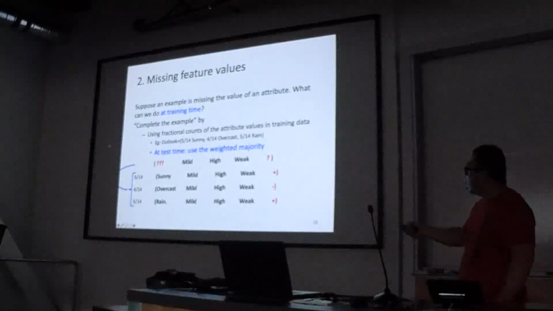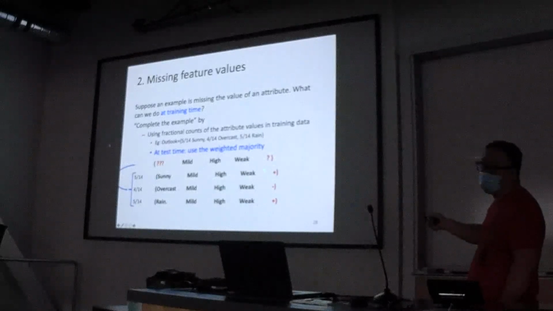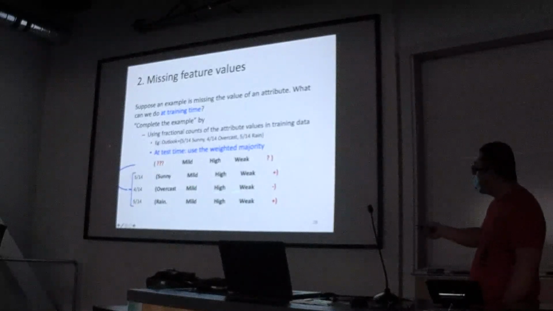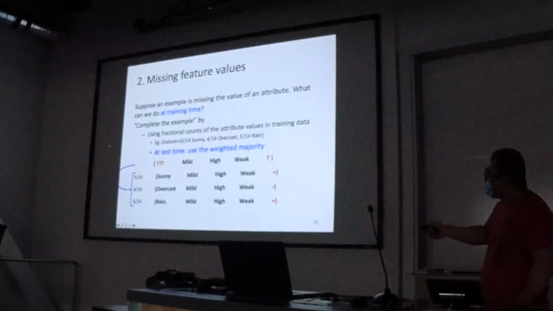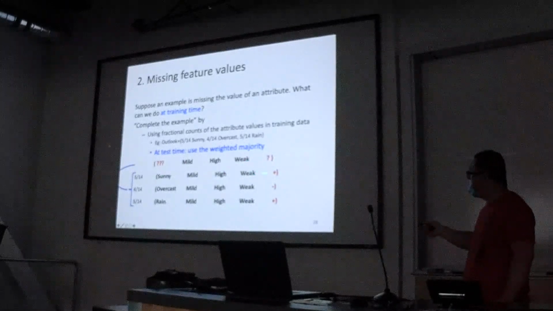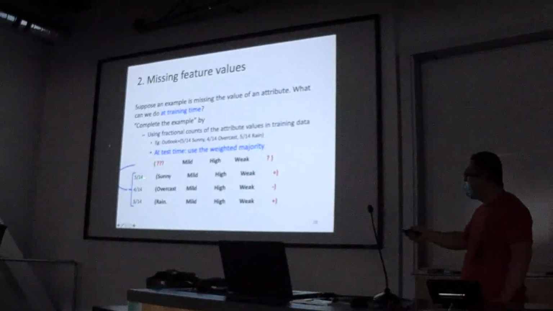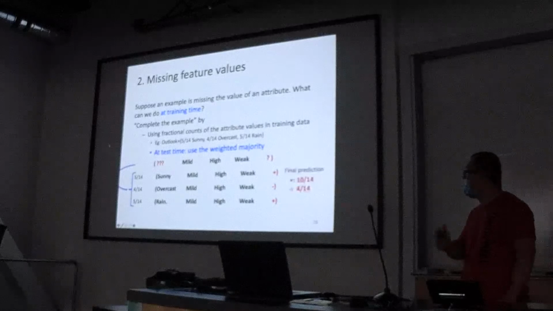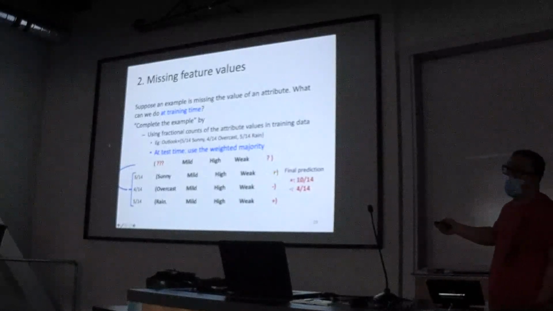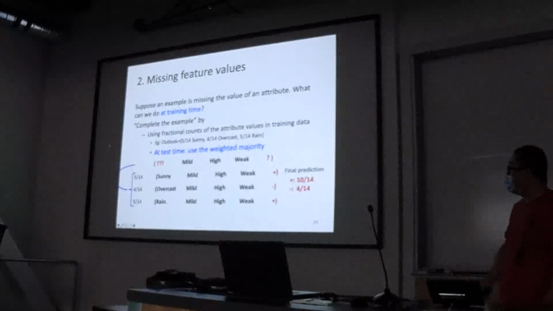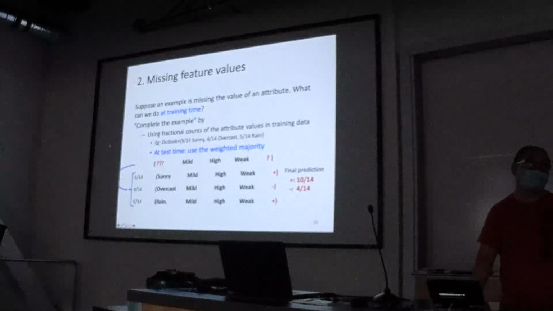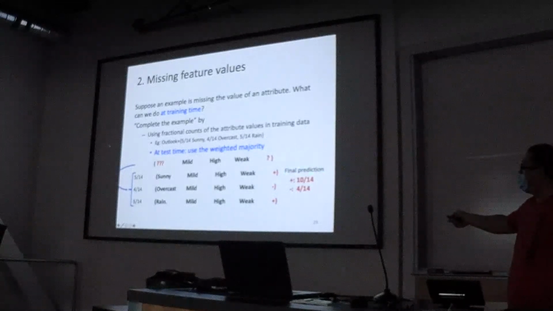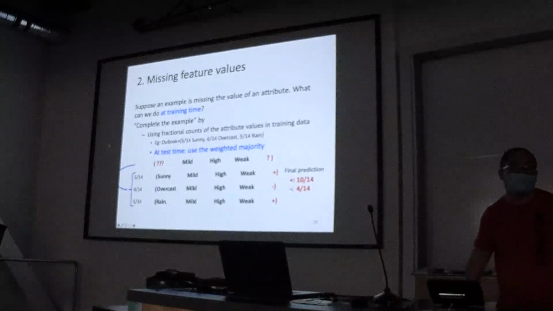If we fit this example, we get a positive prediction. If we fit this example, we get a negative prediction. And if we fit the third fractional example, we get a positive prediction. So the positive predictions get 5 over 14 and 5 over 14 fractional counts. We add them together and get a weight for the positive prediction, which is 10 over 14. But for the negative prediction, we get 4 over 14. So which one should we use? We should use the prediction with the larger weight.